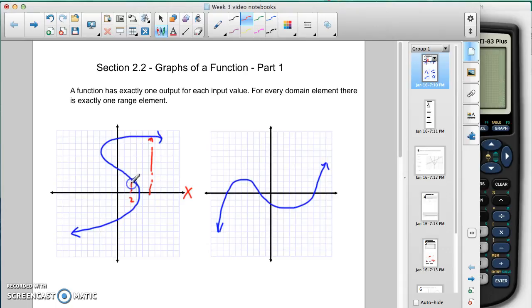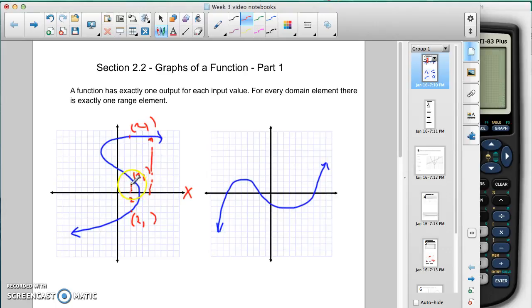So a point right up here would be 2 comma a value. This one right here would be 2 comma a value. And this point down here would be 2 comma a value. Now each of these points would have a second value that would be different in each one.